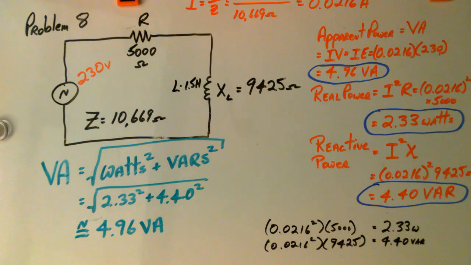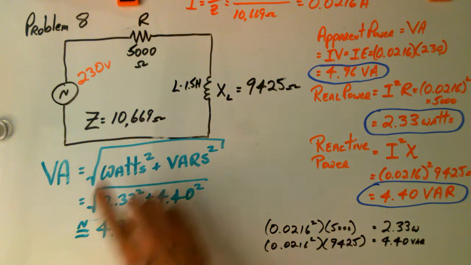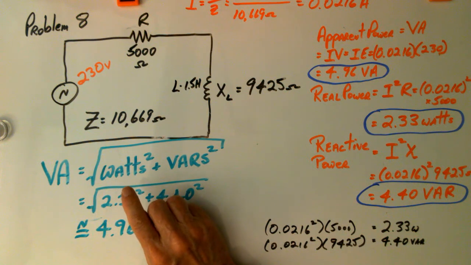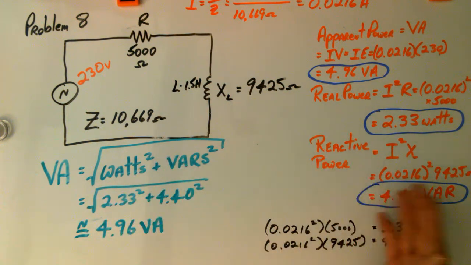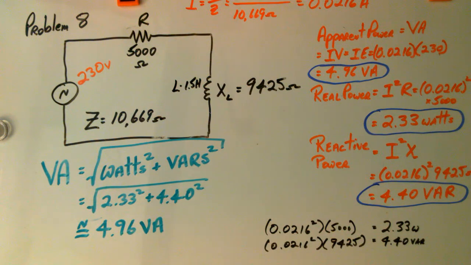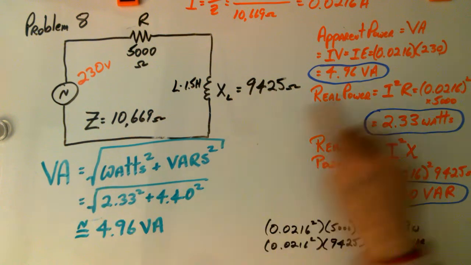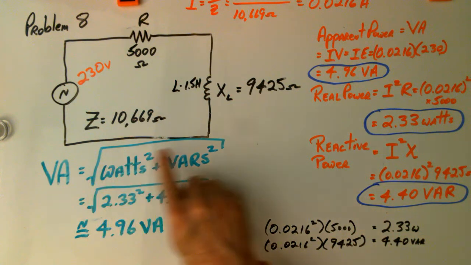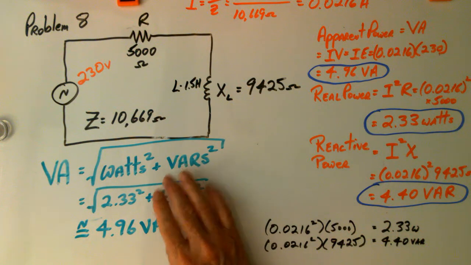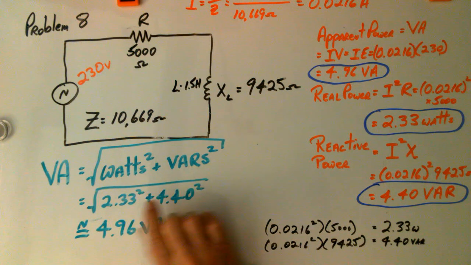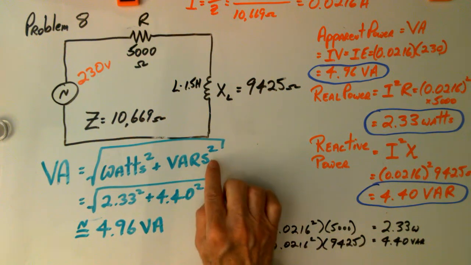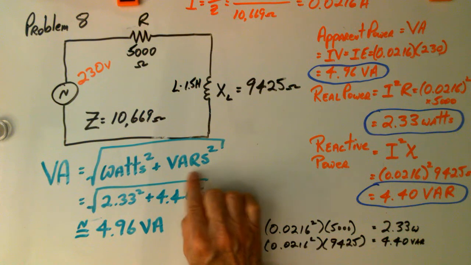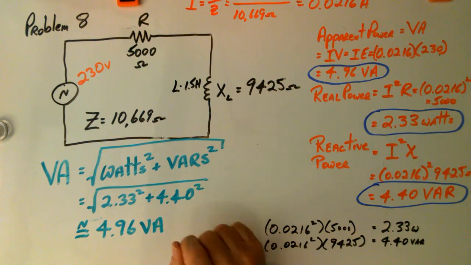Okay, what I did was I did some verification to make sure all my numbers were correct. And you'll notice that we end up with a relationship which you all will recognize. That says that the volt amperes, apparent power, is equal to the square root of the sum of watts squared plus vars squared. And vars is that new strange term, volt amperes reactive.